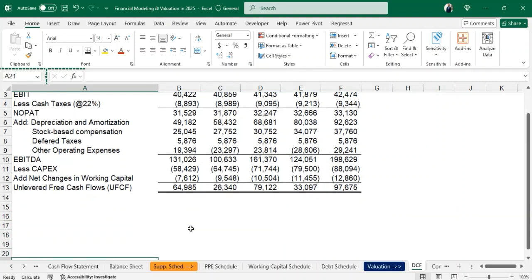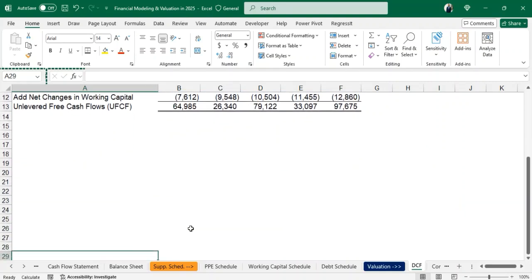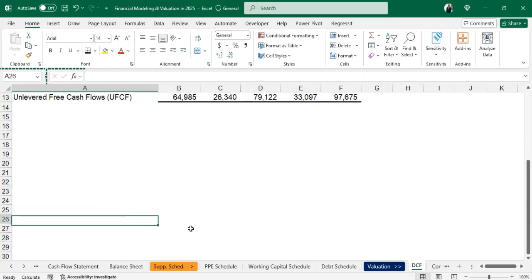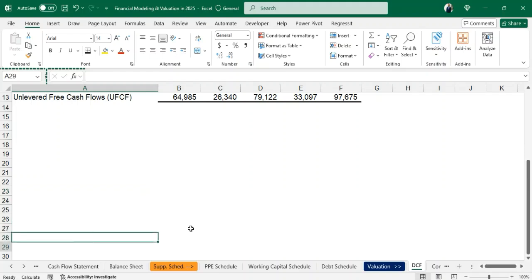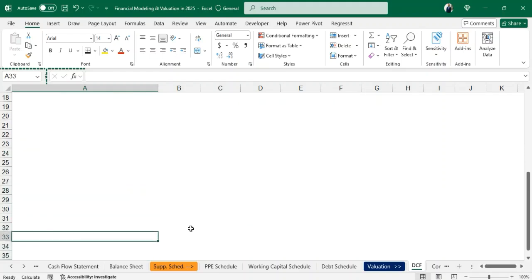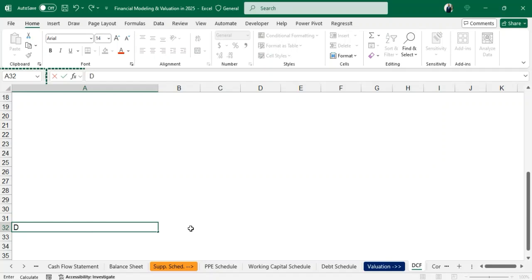All right, so that leads us to the second variable, which is our appropriate discount factor. So I'm going to leave a couple of spaces here, come down here and have our determination of discount factor.